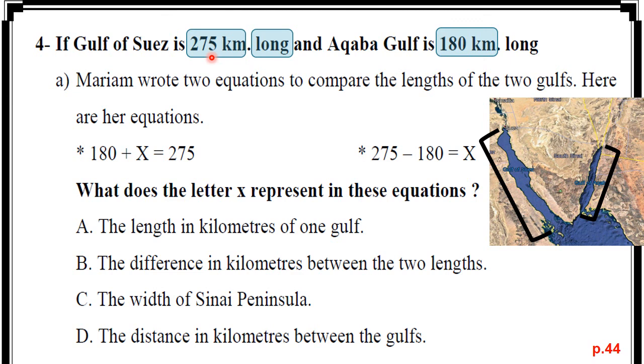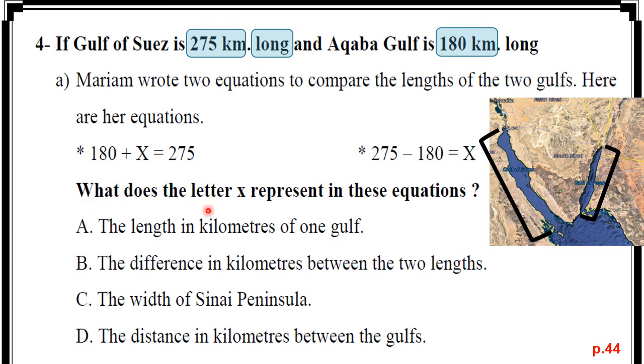Here are the equations. 180 plus x, here is the short gulf. If we make it plus, the difference will be the big gulf. So 180 plus x will be 275. And 275 minus 180, so the long gulf minus the short gulf, will be the difference, which is x.